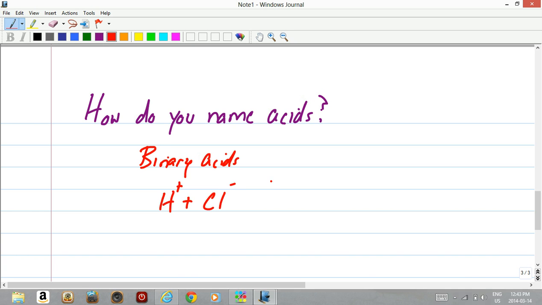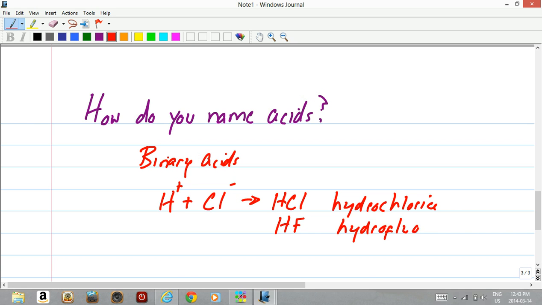So for instance, hydrochloric acid would be HCl. That would be one example. Another example would be hydrofluoric acid, which would be basically hydrogen and fluorine. And another example would be hydrosulfuric acid, which would be hydrogen and sulfur.